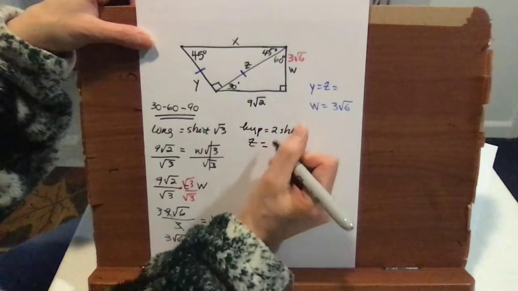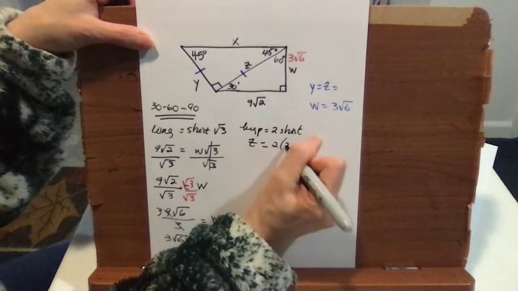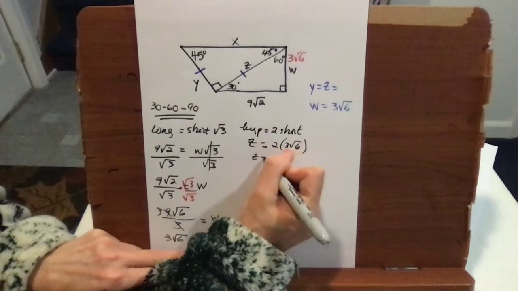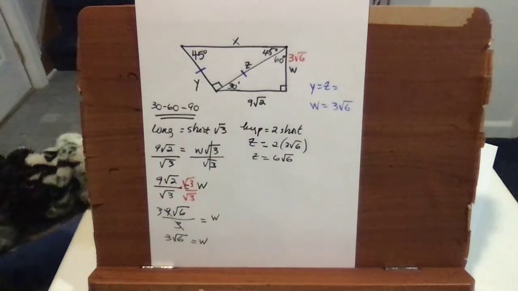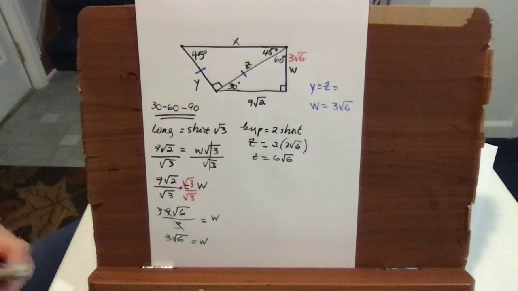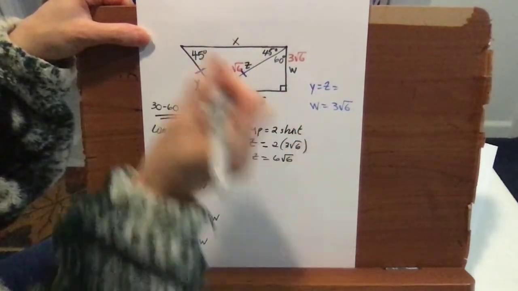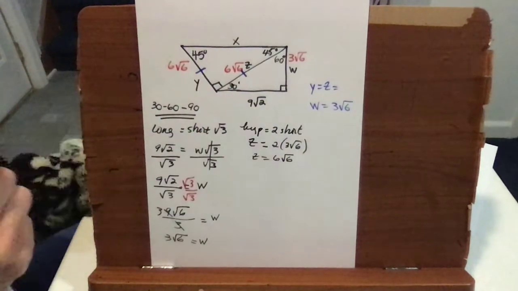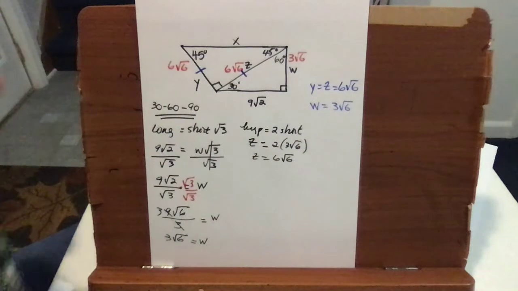It's 2 times our short leg. Our short leg is 3 root 6, so it's 2 times that. So z is going to equal 6 root 6. And since y is equal to z, then it is the same thing. So y and z are both equal to 6 root 6.